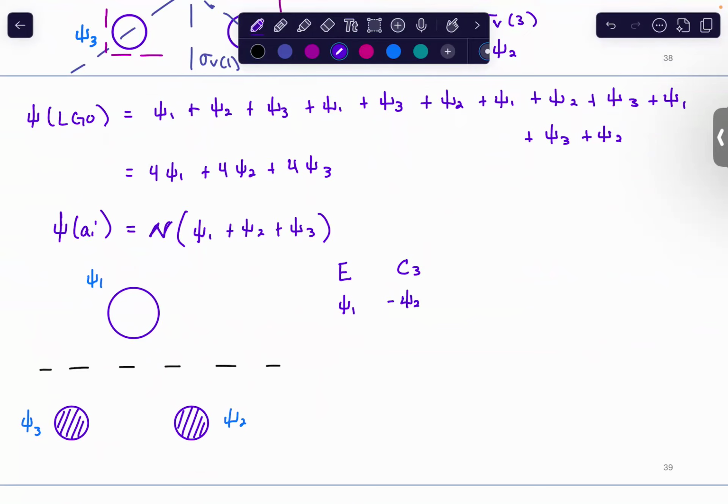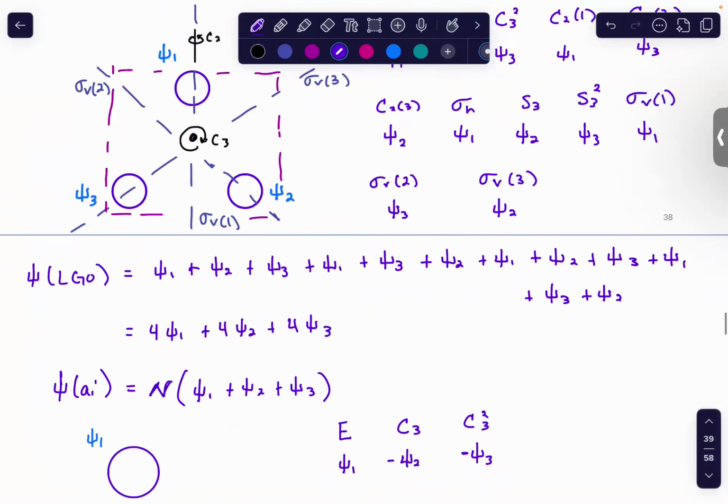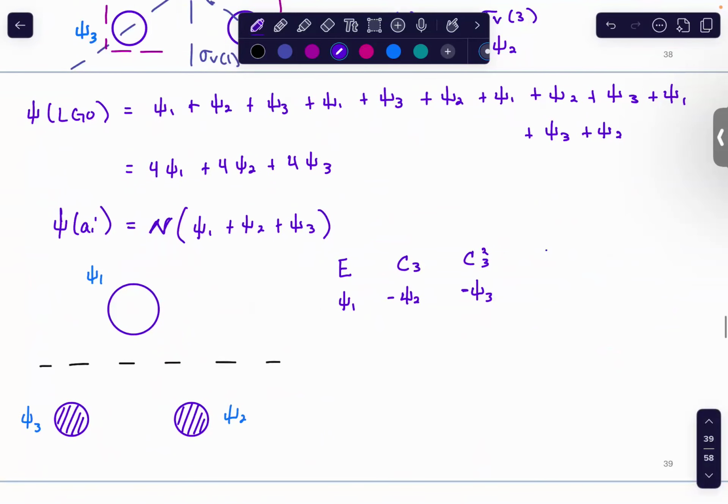Do you see that? It's the opposite phase. So C3 2, negative psi 3. C2, psi 1.